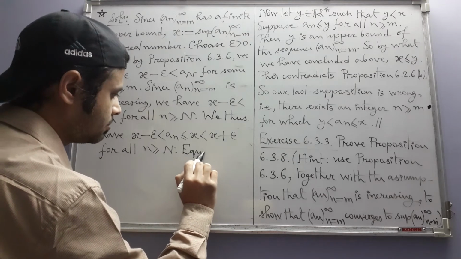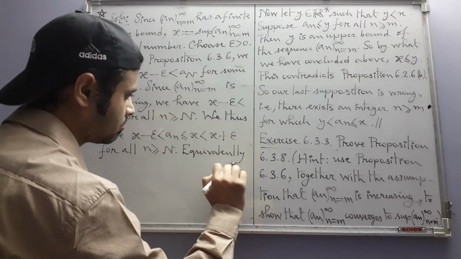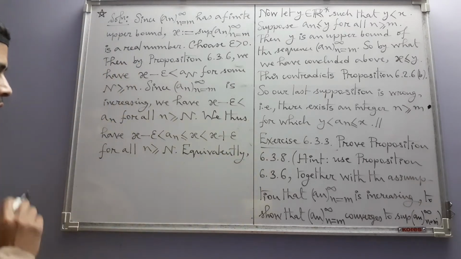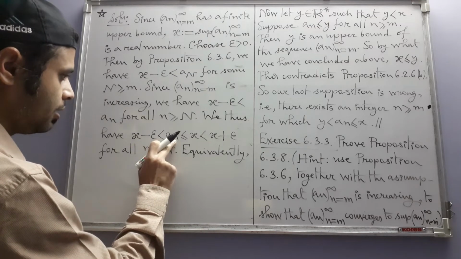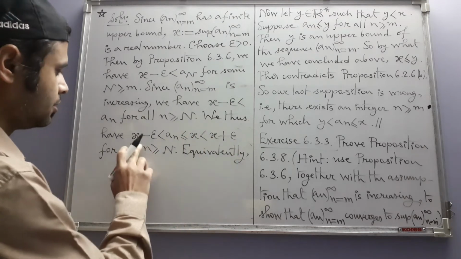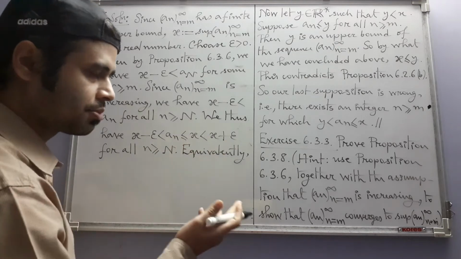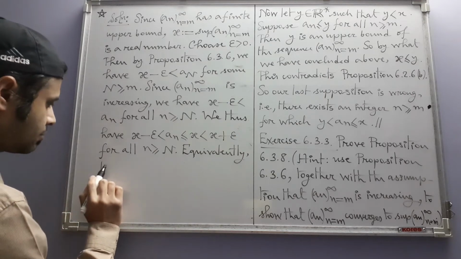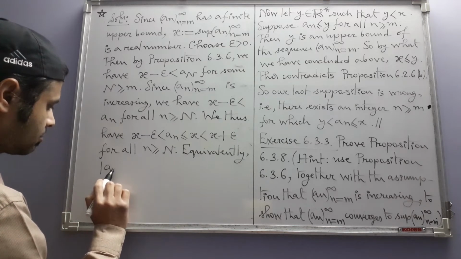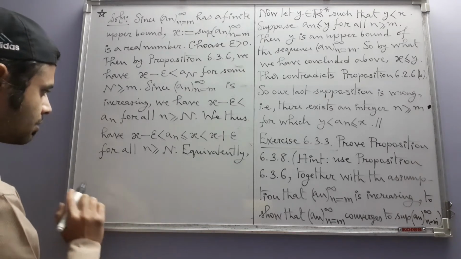Equivalently, now you concentrate on x minus epsilon, a_n, and x plus epsilon. So x minus epsilon is less than a_n, and a_n is less than x plus epsilon. So equivalently, in fact, let's just write one more step.